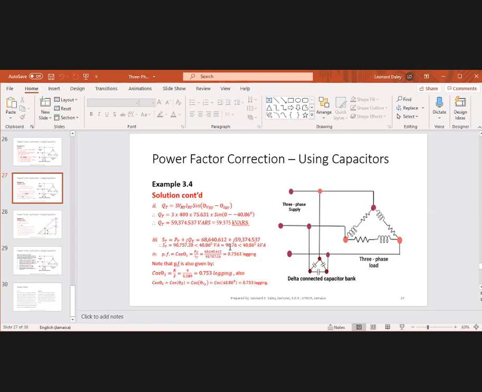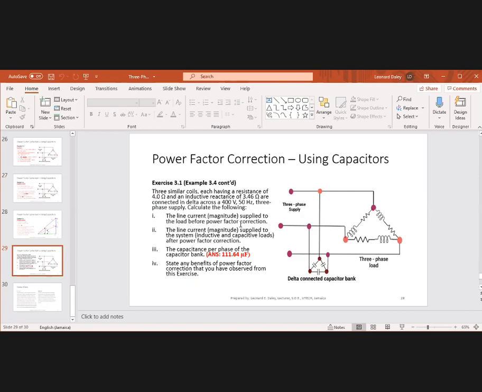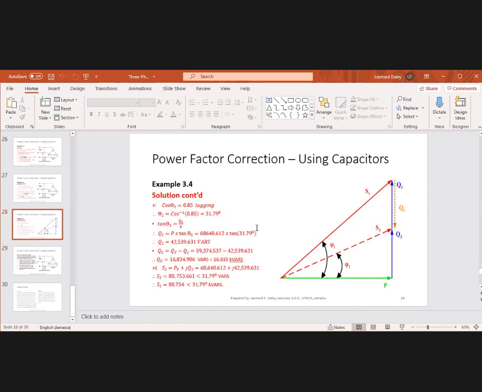So the question you're working, sir? Part one. It asks you to find the line current before power factor correction. Wouldn't it just be, or are you giving us a different way to work it out? Yeah.